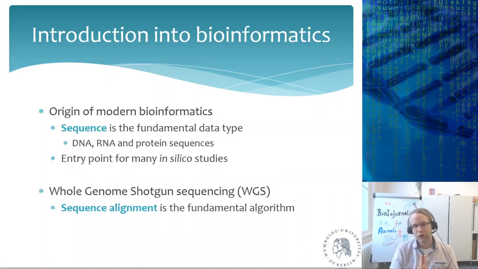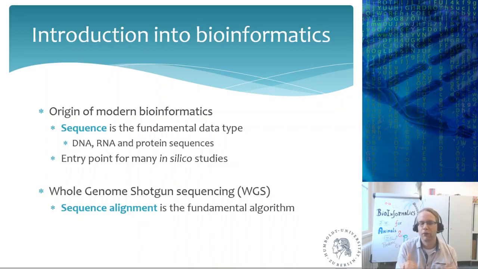So I've talked a lot about sequence, and sequence is the origin of modern bioinformatics. In bioinformatics, sequence is the fundamental data type, as in programming the fundamental data type is the integer or the float or the pointer. In bioinformatics, we always start with the sequence. The sequence is where we hang everything on.